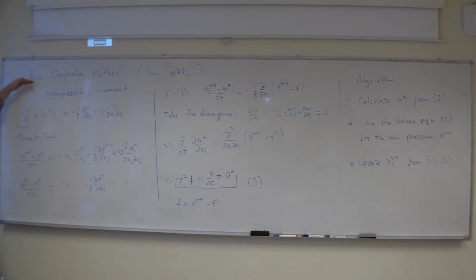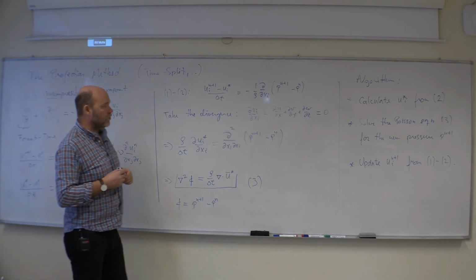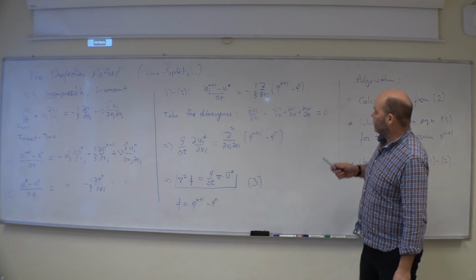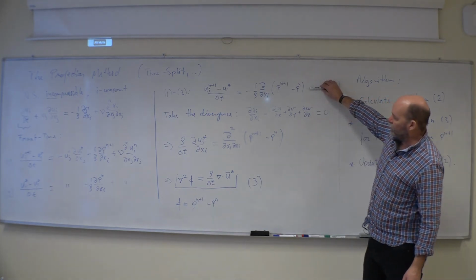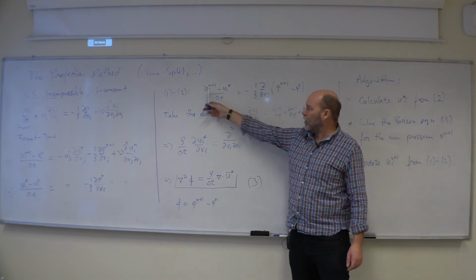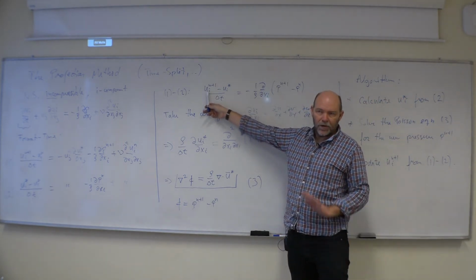So the philosophy, yes, you solve an equation system, the momentum equation, but somewhere along the line you have to use continuity. So here we used it in this trick, taking the divergence of this equation. Then we use the continuity for the new time level. So then we got rid of one unknown.